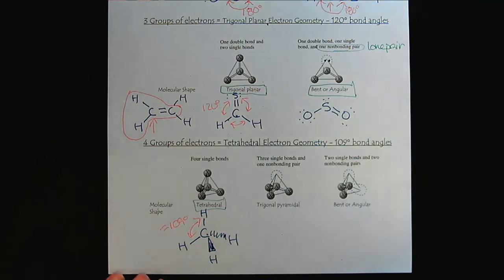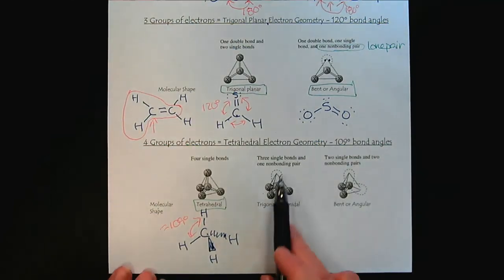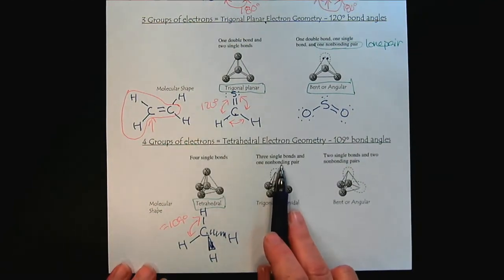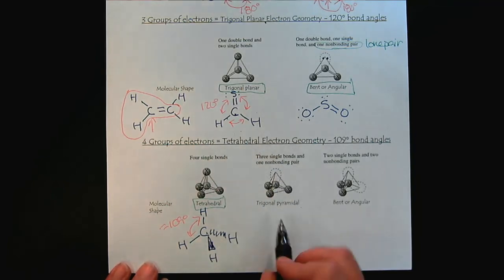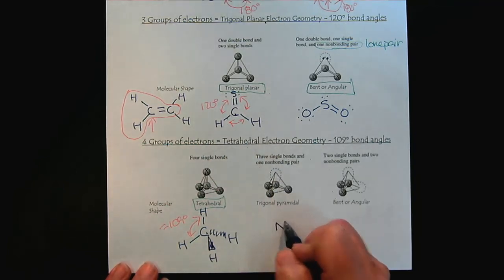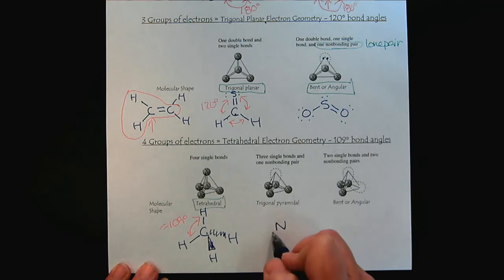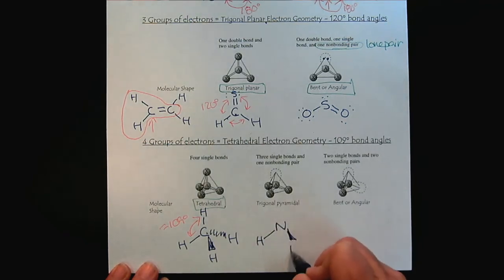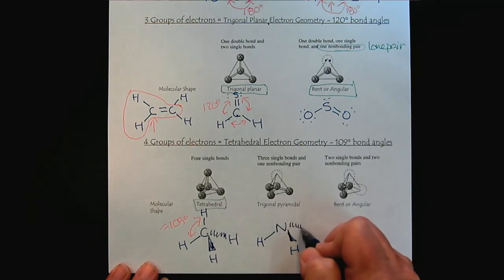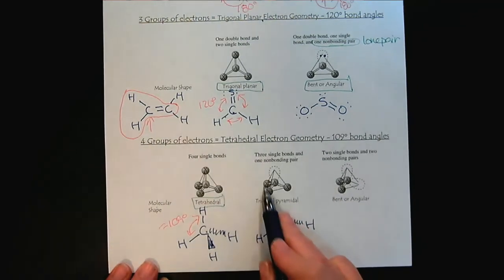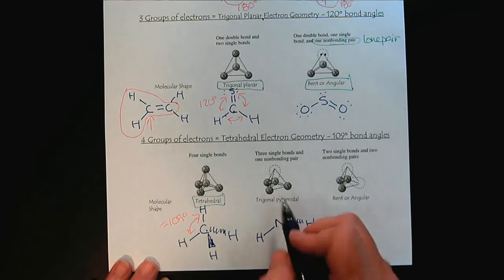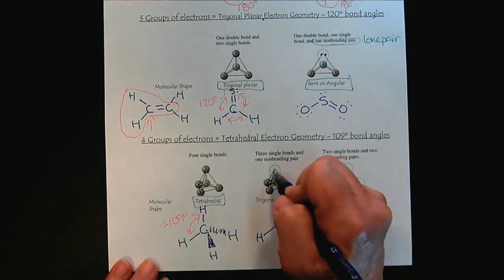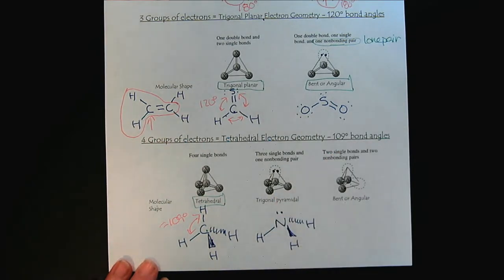However, it's possible to have non-bonding lone pairs. So, for example, if we look at ammonia, we would have the 3 hydrogens coming off of the nitrogen, and they're going to go into the corners of the tetrahedron, and then we have the lone pair. So remember, those lone pair electrons are whirling about, creating a force field of negative charge.